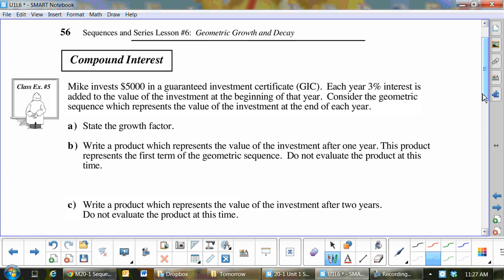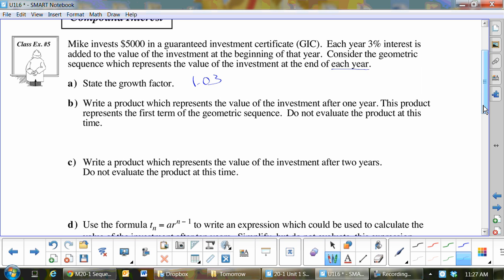Consider the geometric sequence which represents the value of the investment at the end of each year. Now, what is the growth factor here? 1.03, right?